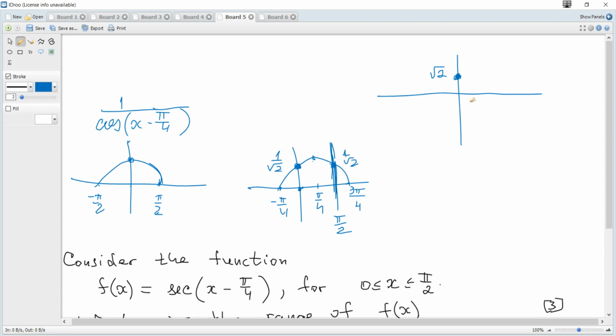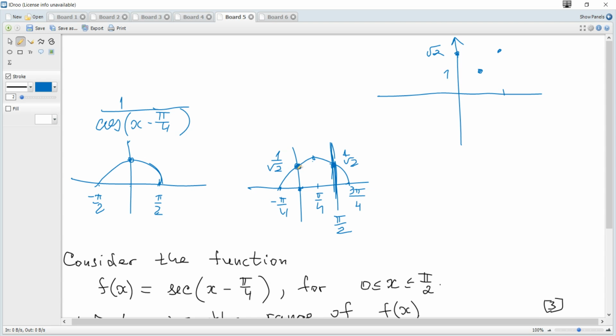At π/4 it's 1 over 1, it's 1. Root 2 is approximately 1.4. And at π/2 it's again root 2.